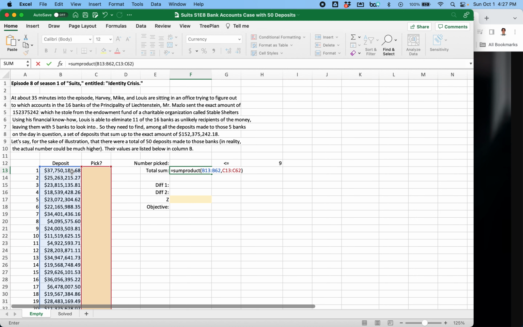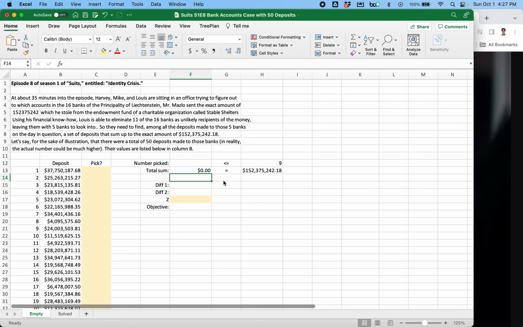Or the x will be a 0, and 0 times anything is a 0, meaning I don't want that number, right? So if I do that here, hit enter, as I start putting values, oh, what if I pick this guy and this guy and this guy? You see that this number starts to grow because I'm picking them.